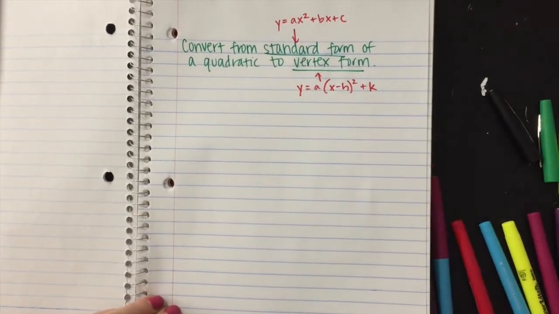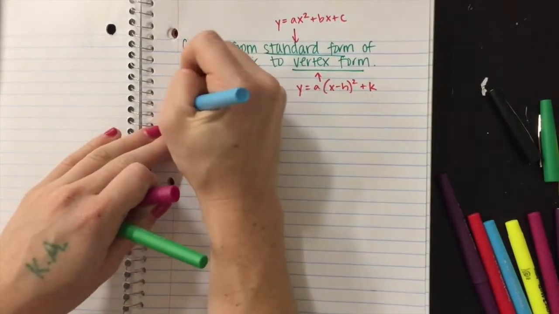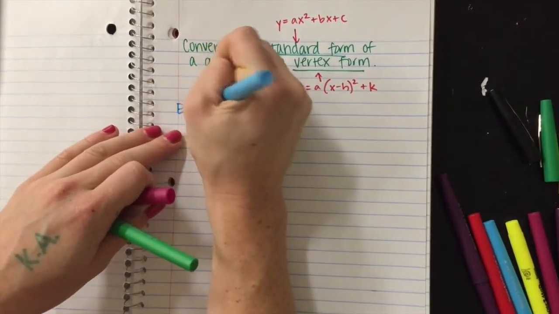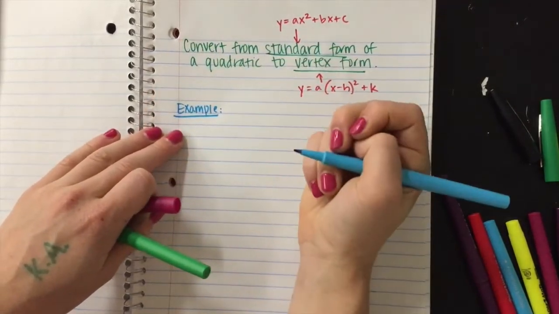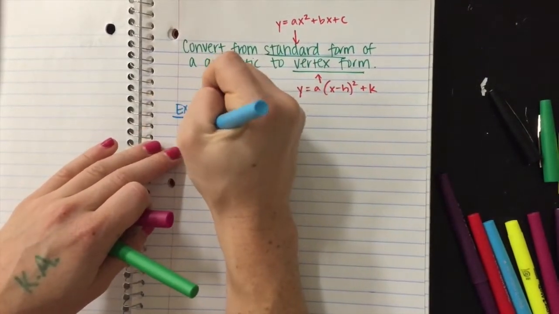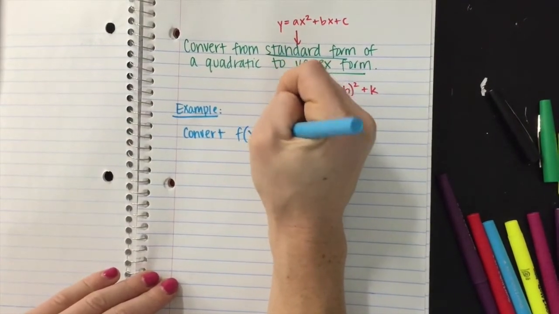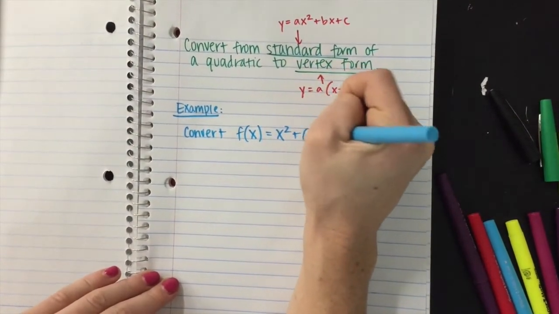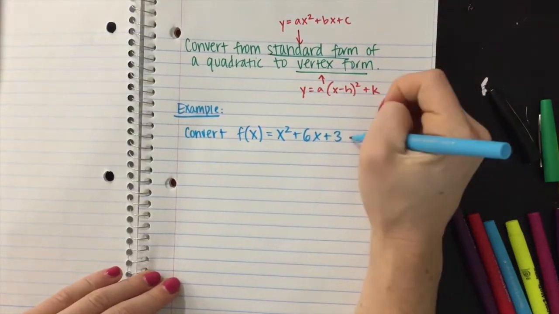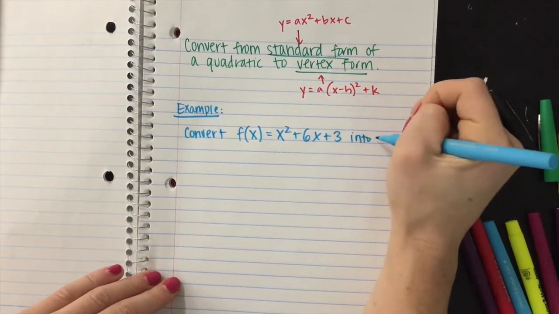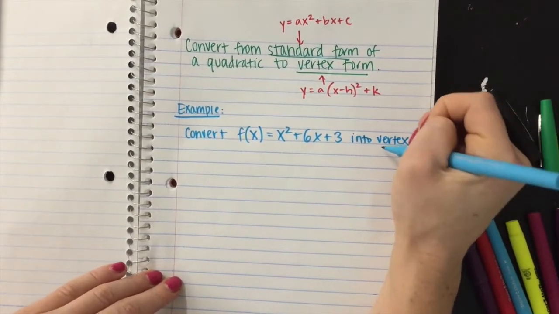So I'll give you one example. And we are going to convert f of x is equal to x squared plus 6x plus 3 into vertex form.